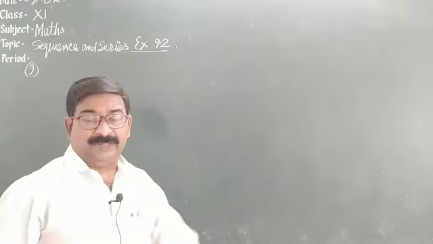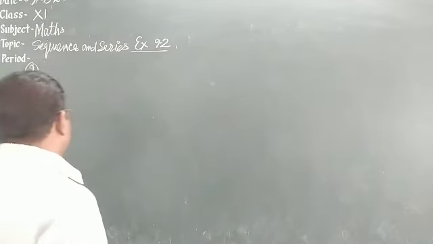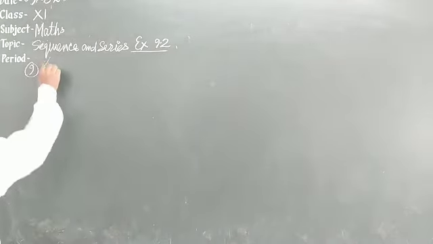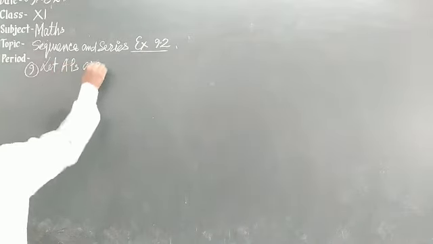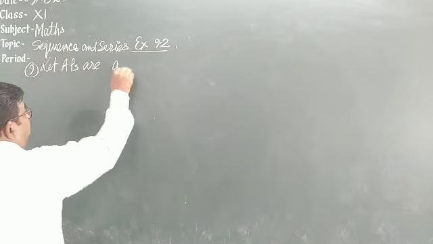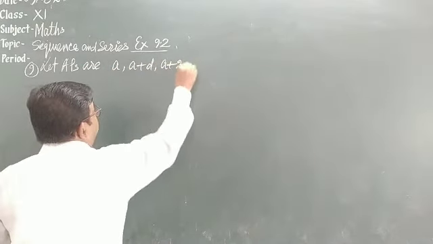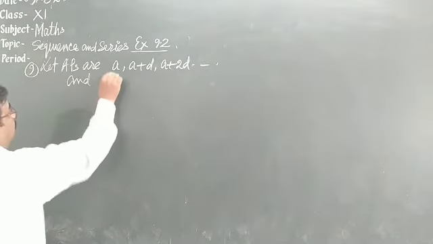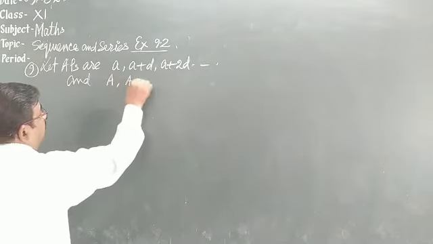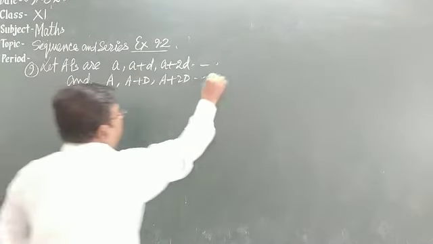Question number 9. In the question we are given two APs. So we will assume two different arithmetic progressions. So write, let the APs be A, A plus D, A plus 2D and so on, and the second AP, capital A, capital A plus capital D, capital A plus 2 capital D and so on.